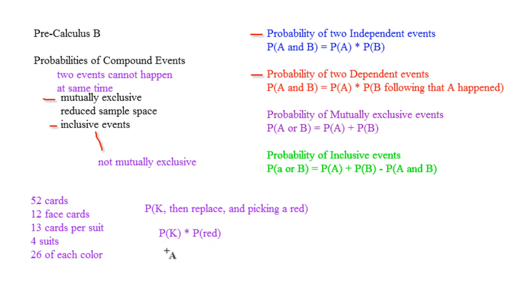Then we can just focus on the numbers. This would be 4 out of 52, times 26 out of 52. You could reduce each one first. I would probably reduce this to 1/13 times 1/2, to get 1 over 26. So there's a 1 in 26 chance that actually happens.